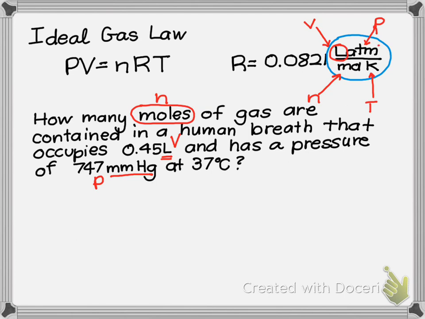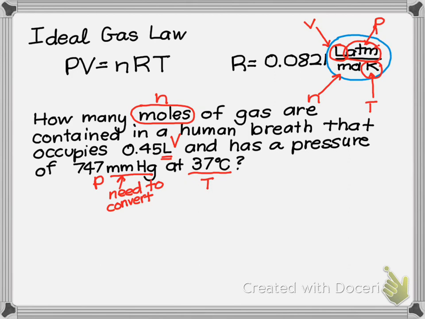And I have to have atmospheres as my pressure, so I'm going to have to convert this millimeters of mercury into atmospheres. And then I also have a temperature here in degrees Celsius, which is very common, and I have to convert it into Kelvin. So before I can even use the gas law, I have to make some conversions.